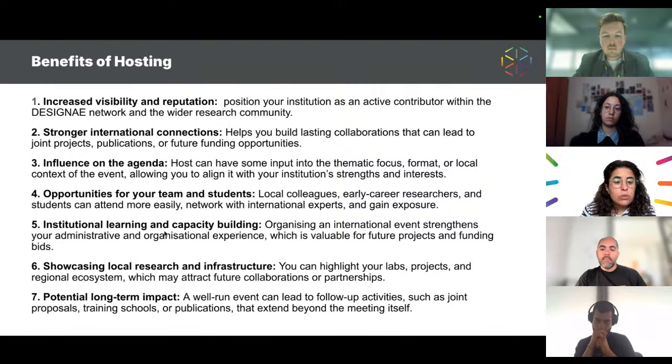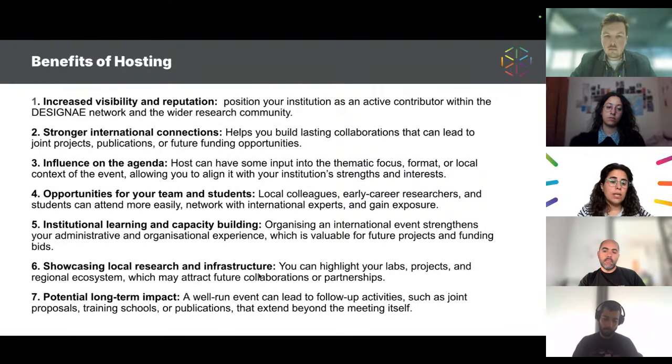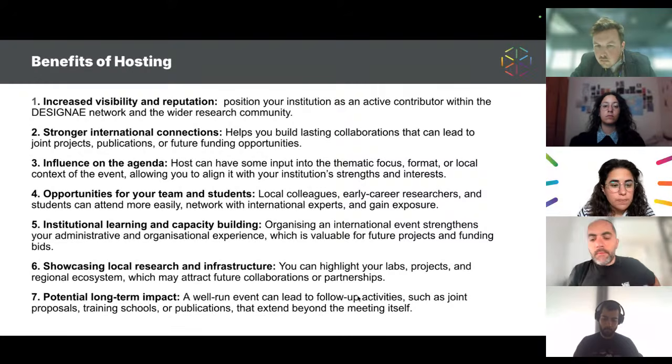There's also institutional learning and capacity building: if you organize this type of international event, you enhance your administrative and organizational performance. You can also showcase local research and infrastructure, which is highly encouraged, highlighting which type of lab capabilities you have, which type of projects are being undertaken in your institution, and what your regional ecosystem is as well.